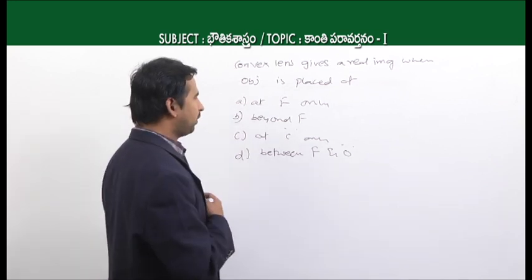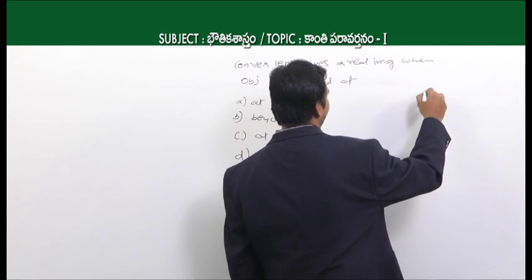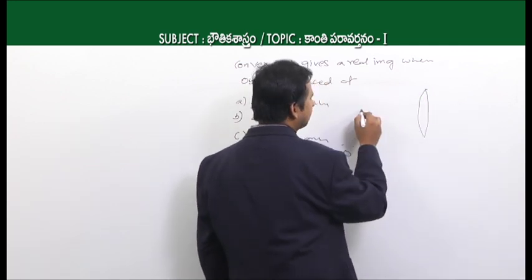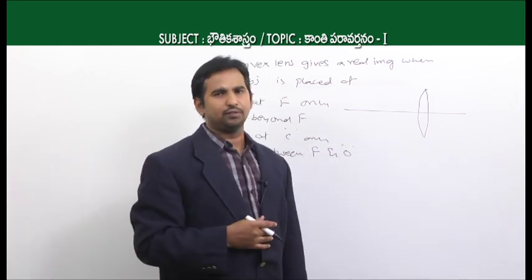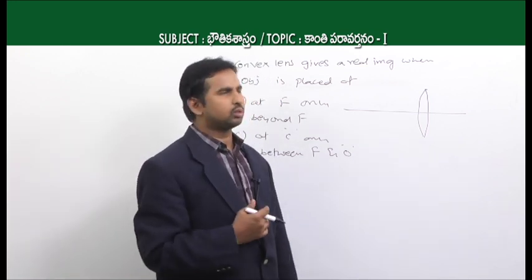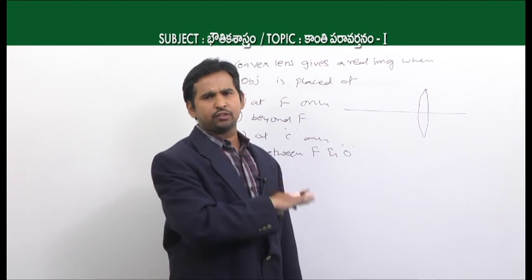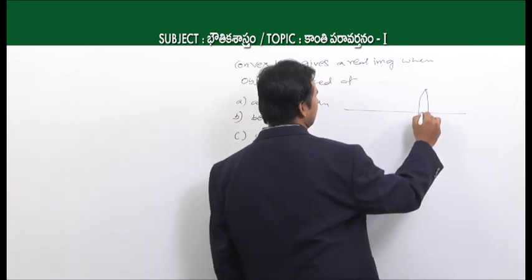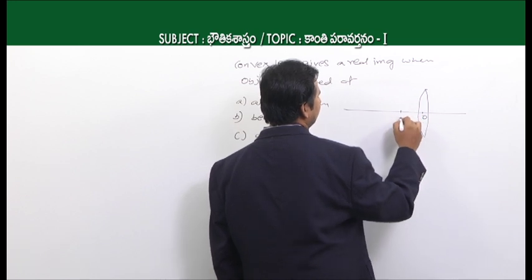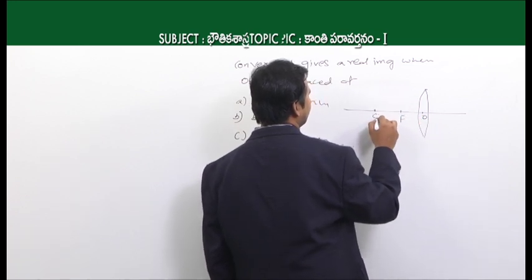If you see the properties or the ray diagrams of the convex lens, we have a total of 6 positions, starting from infinity and slowly coming closer to the lens. The positions are marked by the optic center, the focus, and the center of curvature.